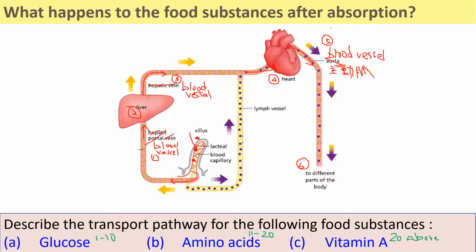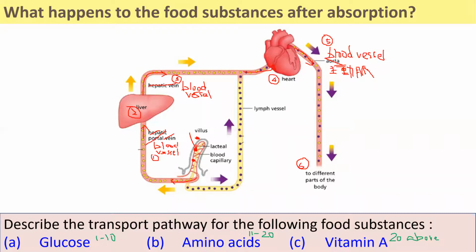So how about amino acids? If you are a bit smart, you will know this one is easy. Okay, for amino acids, the answer now should be simple, because if you think about it, amino acid is water soluble. So, same as glucose, they are absorbed into the blood capillaries.